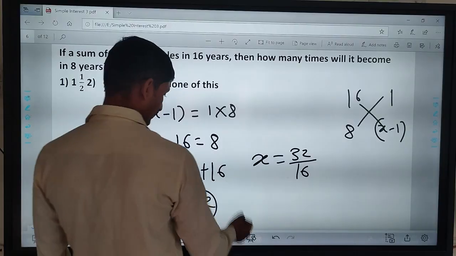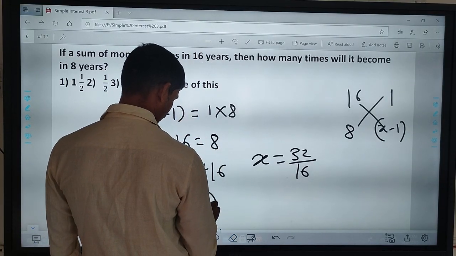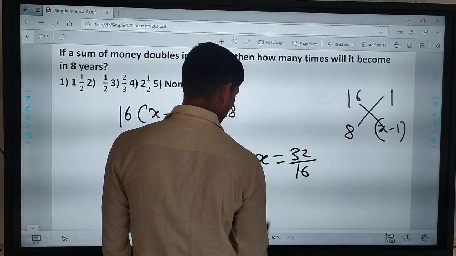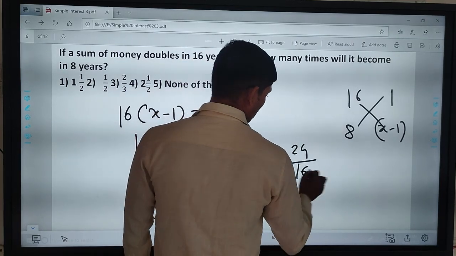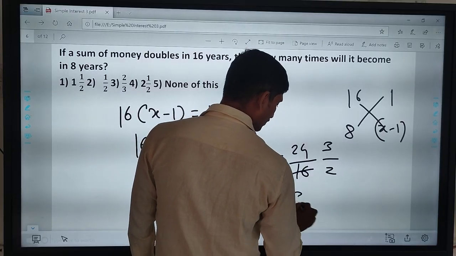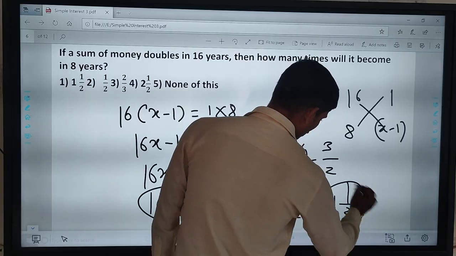Sorry, 24. Here 24. Then 8 twos are 16, 8 threes are 24. Then x is equal to 3 by 2, that is 1 and 1 by 2.